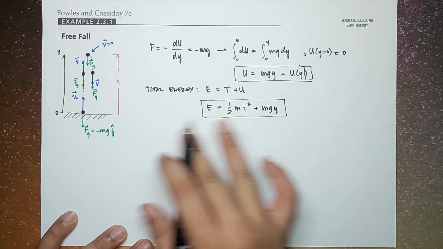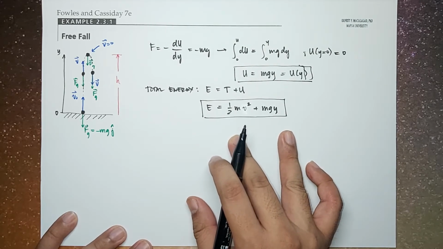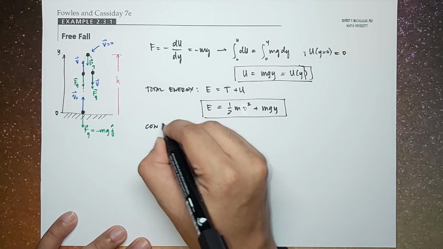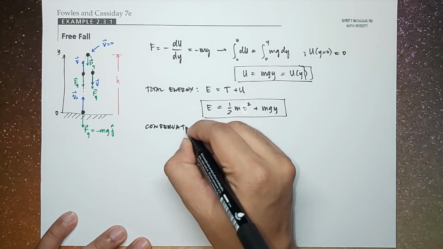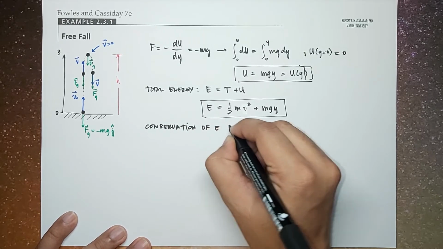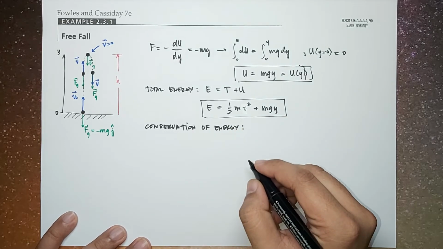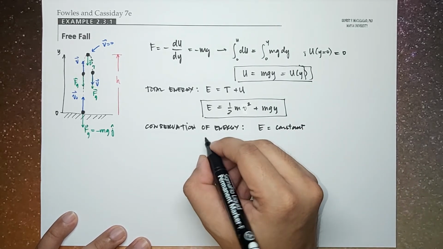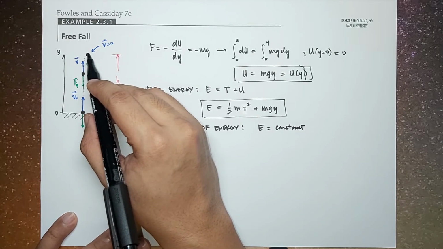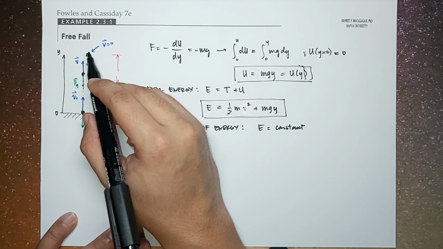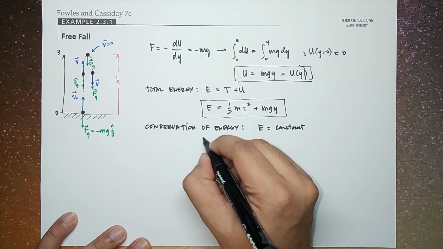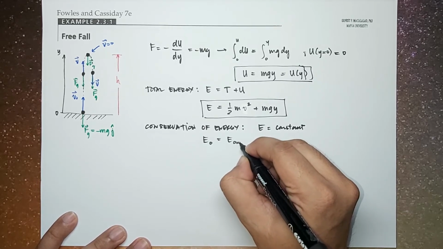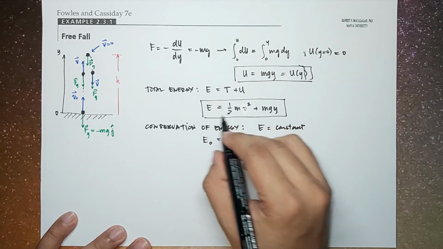Now, imposing some initial conditions on our energy, using energy conservation, where E is a constant, we can see that at the initial position, E at the floor will be equal to E anywhere, which is this one.